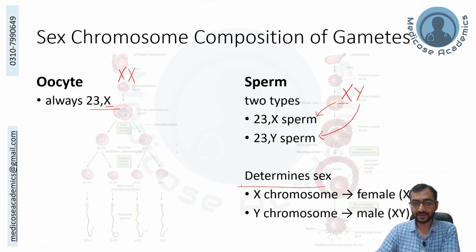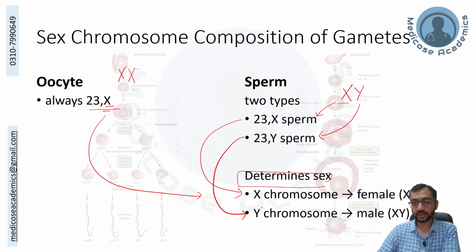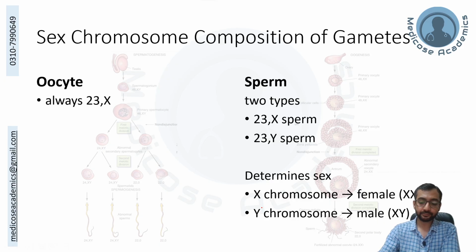The sperm is the one that determines the sex. If this one fertilizes, it produces a female XX, because here you get an X chromosome, and if this one fuses, you get an XY male.